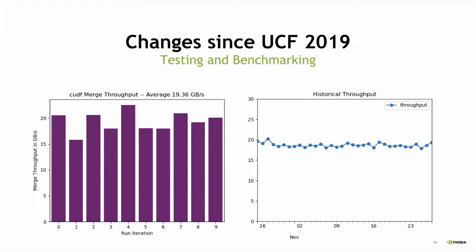So we can see, if I'm not mistaken, this is running on 8 CUDA devices with CUDA IPC and InfiniBand both turned on, and we see that the throughput for that particular workflow is around 20 gigabytes per second. We have also on the right side the historical throughput that we run nightly, and this helps us to catch potential regressions.